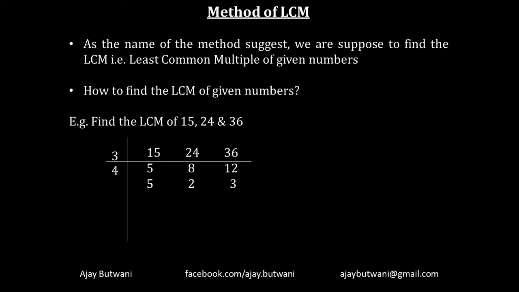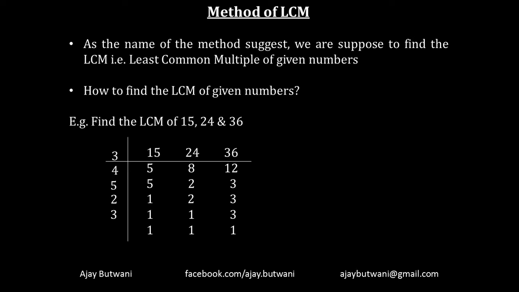We are supposed to divide each and every number individually to make them 1, 1 and 1. So first of all, we will divide by 5. We will get 1, 2 and 3. Then we will divide by 2. We will get 1, 1 and 3. Finally, we will divide by 3 and we will get 1, 1 and 1.